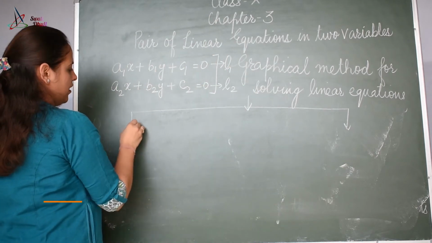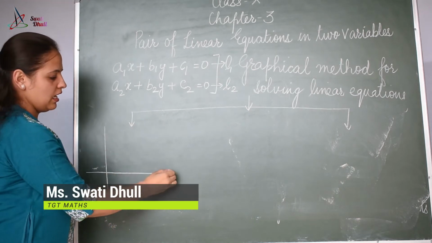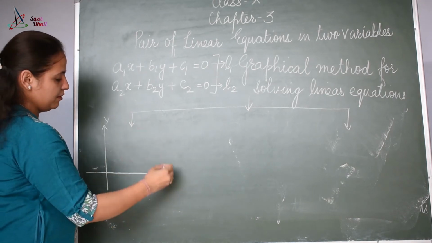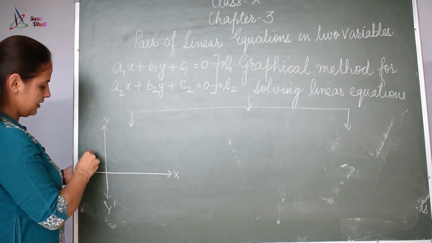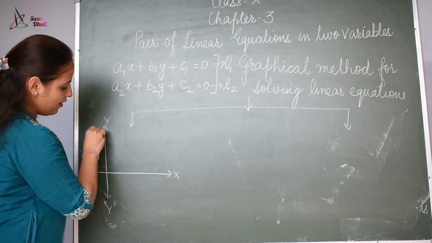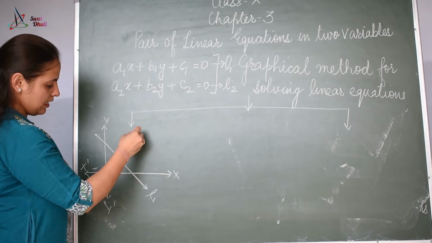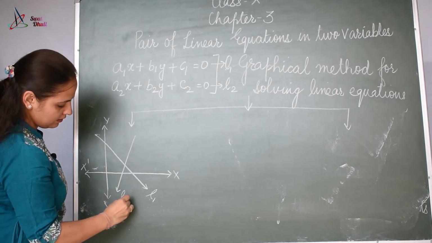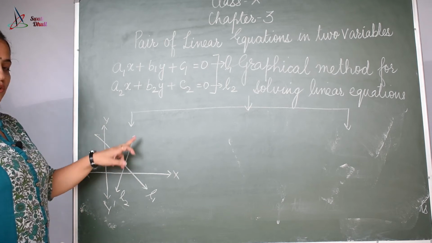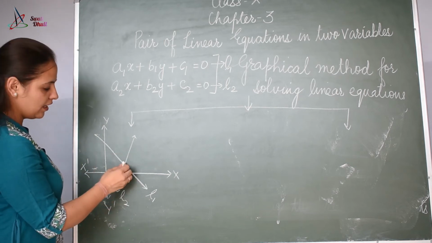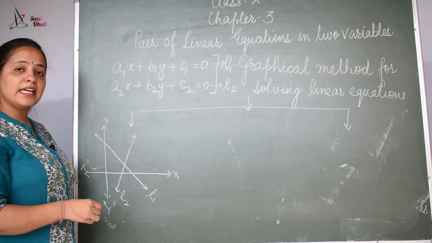the first one will be, let's say you have a graph, let it be y, x, this is y dash and this is x dash. Suppose you have drawn a graph, let it be L1 and this is L2. These two lines are intersecting.